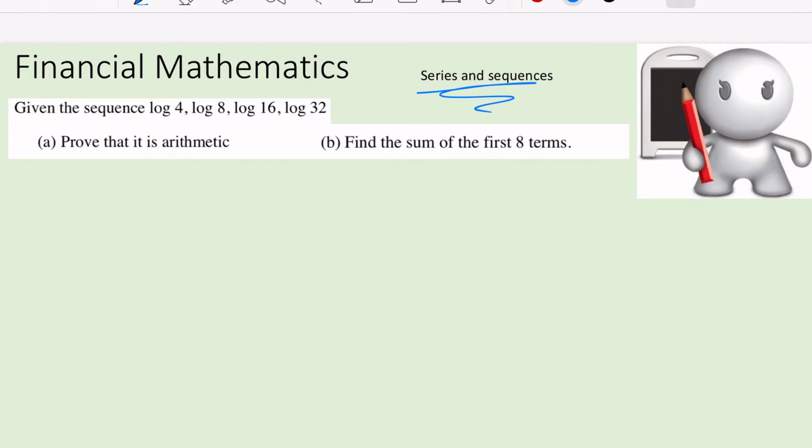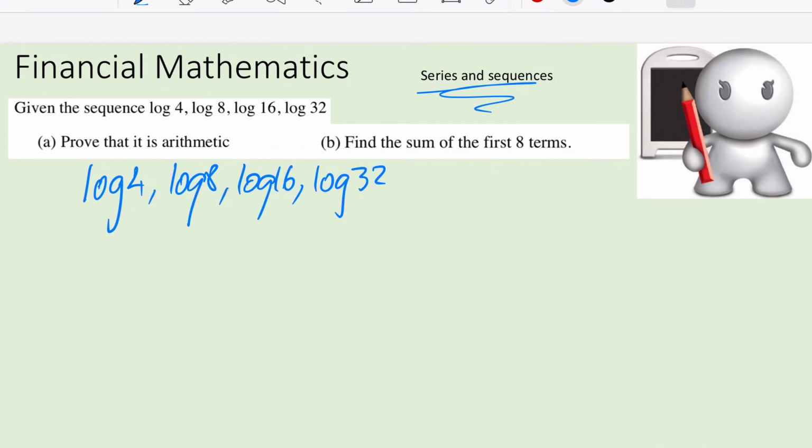Okay, so over here in the first one, I've got the log of 4, the log of 8, the log of 16, and then the log of 32. Okay, and then I want to prove that it's arithmetic. Well, just before I do that, the log of 4 is actually the log of 2 squared. The log of 8 is the log of 2 cubed.